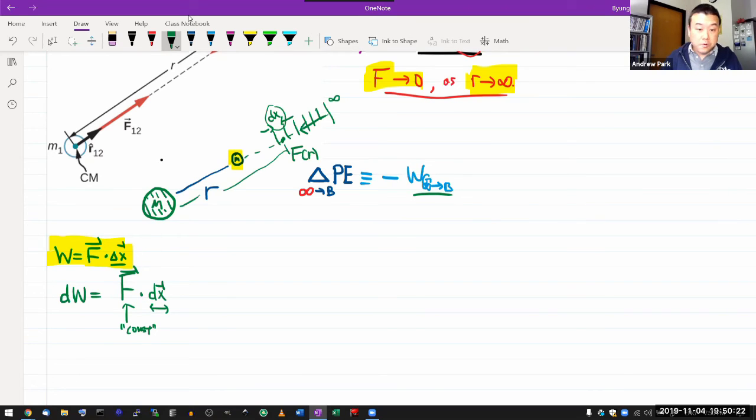So the mathematical procedure you use to add up each one of these infinitesimal changes in energy due to work done is integration. That's the intuition you have to develop. So here, we are going to start by expressing this infinitesimal amount of work done over one of these representative intervals.